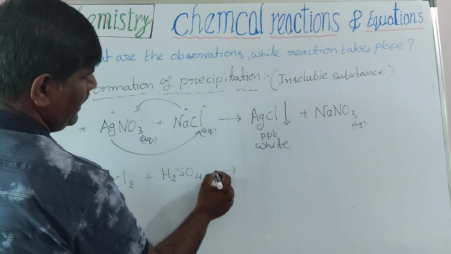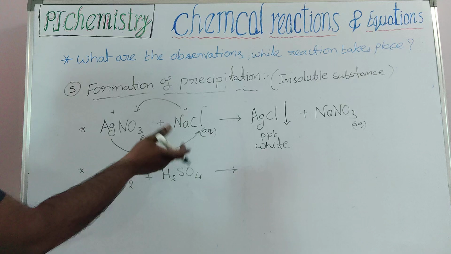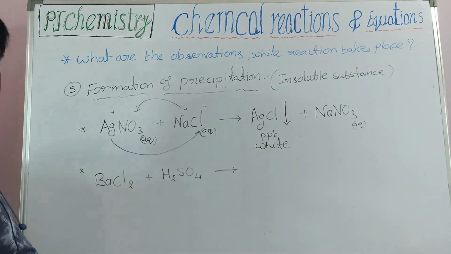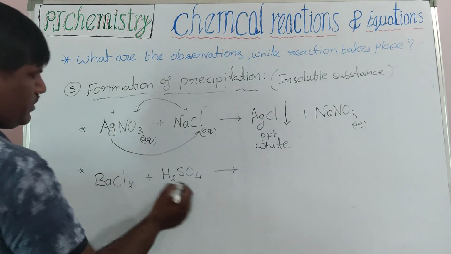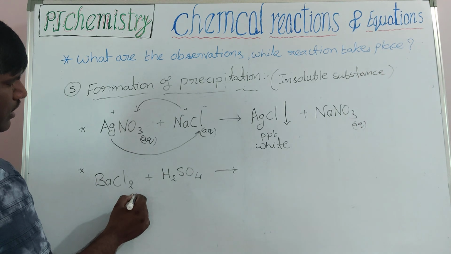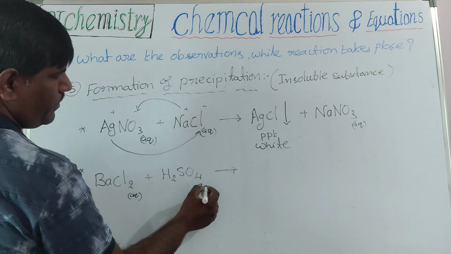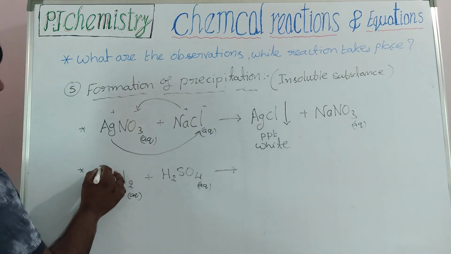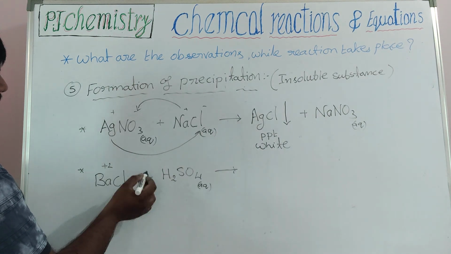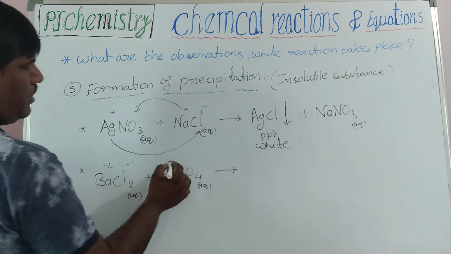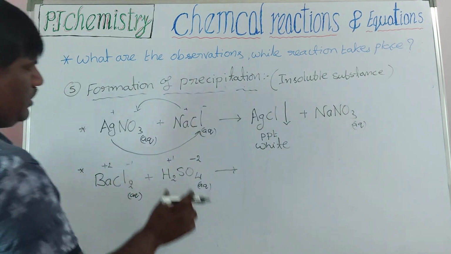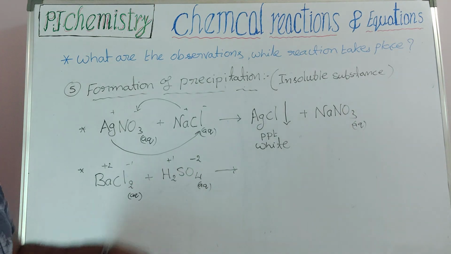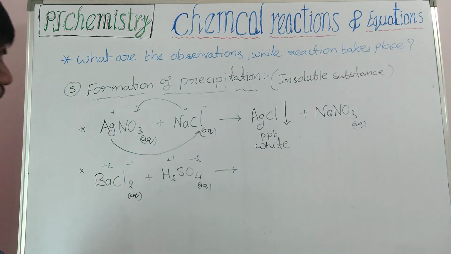Not only sulfuric acid, any sulfate, H2SO4 or Na2SO4, ZnSO4, like that, any sulfate we can use here. Both also in water, aqueous medium. Ba2+, Cl-, hydrogen plus 1, sulfate ion minus 2. These charged ions are given in the first video itself.